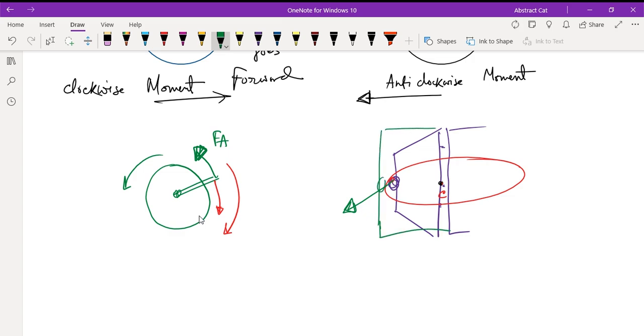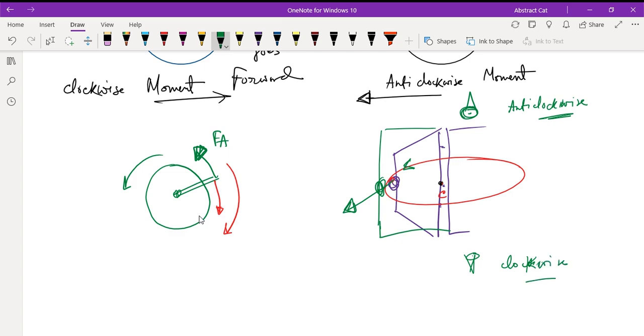The body rotates in that direction. If someone sees it from the top, the body goes right to left, which is anti-clockwise. If someone watches from the bottom, it goes left to right, which is clockwise.